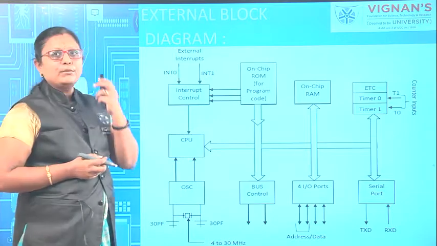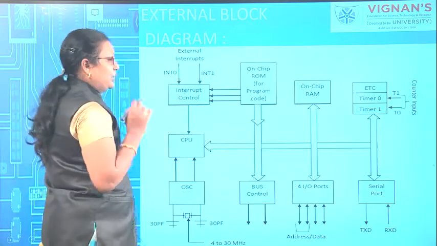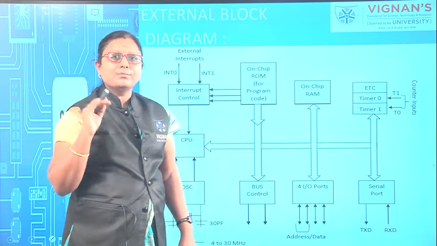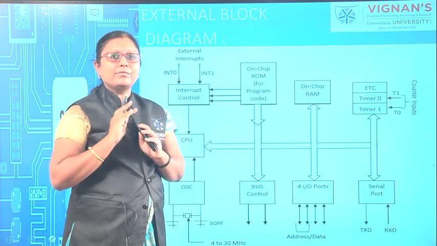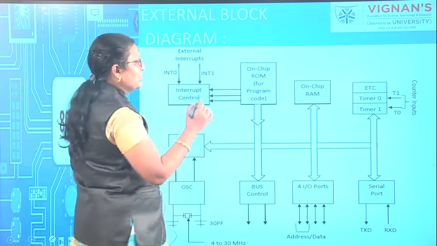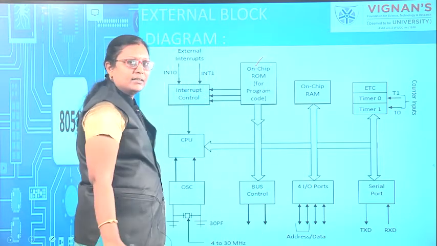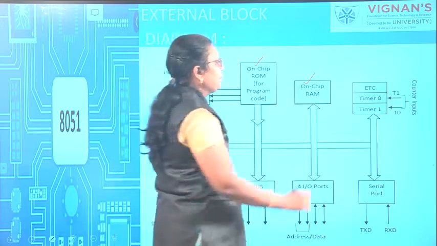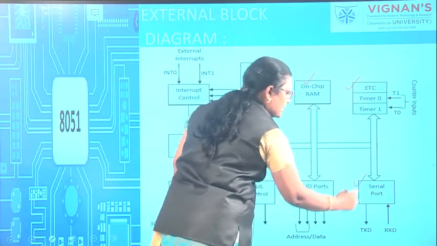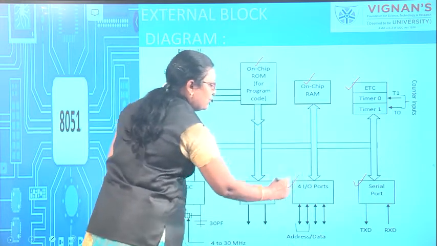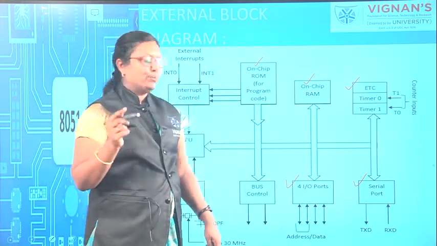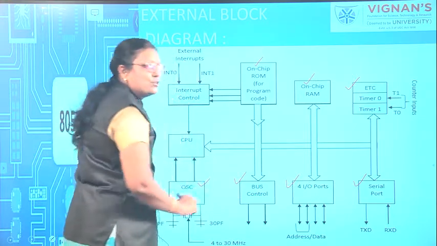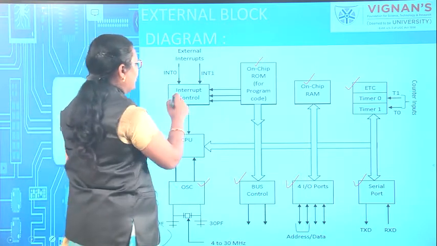Now coming to the external block diagram, I told you that all internal blocks are connected to the processor, and everything is implemented in a single chip. The on-chip ROM is the internal program memory, and on-chip RAM is the internal data memory, along with your timers, serial IO ports, and the 4 IO ports we have discussed, from port 0 to port 3, the bus control circuit, and your oscillator which is used to generate the clock frequency, and your interrupt control.